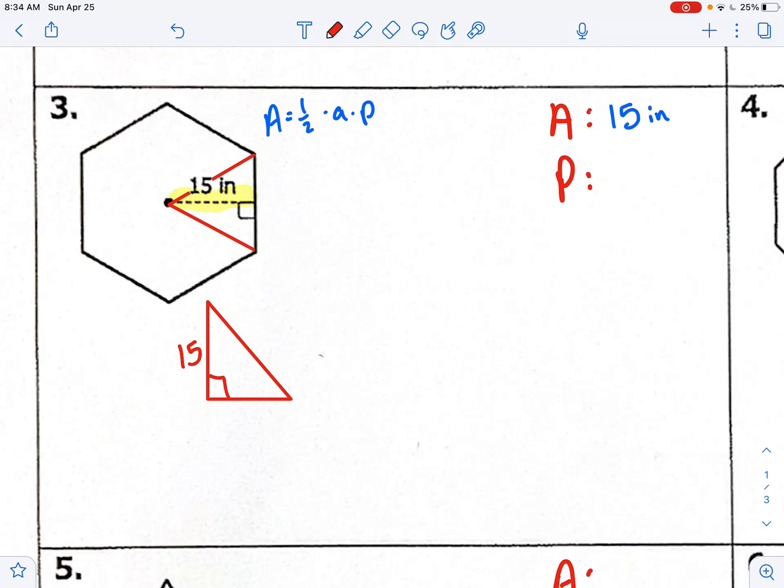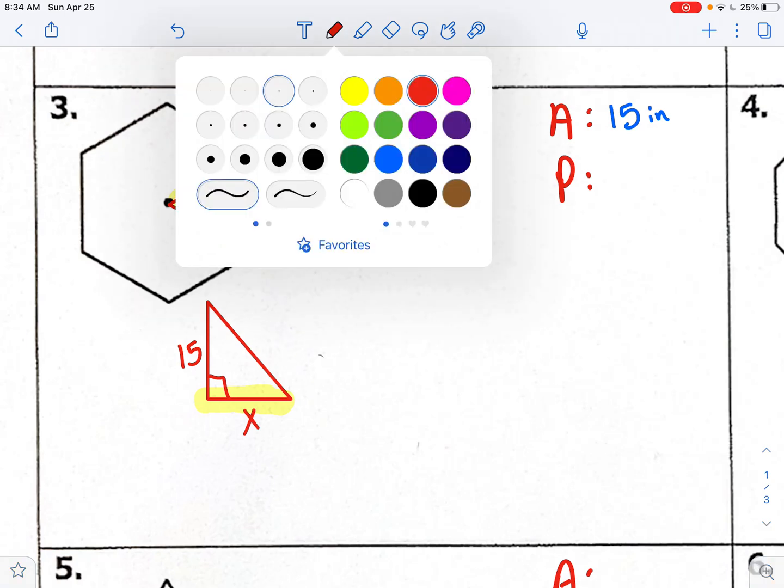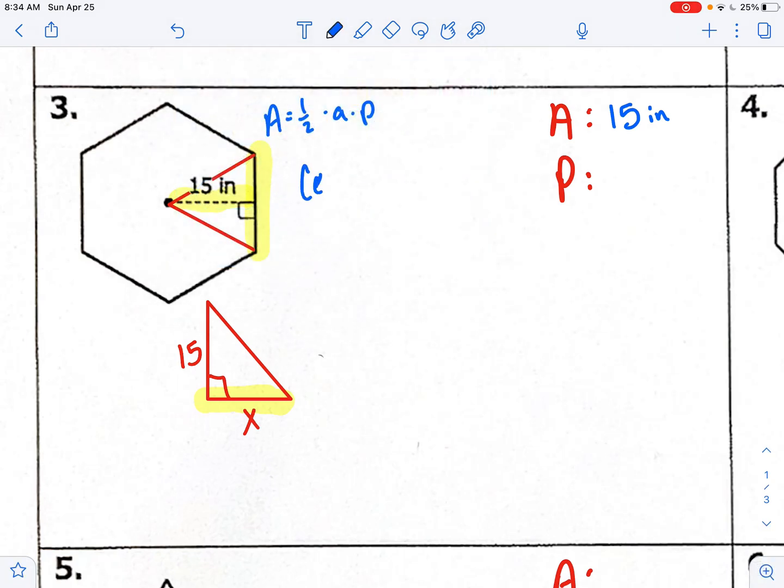So where's the perimeter on this triangle? Well, I need the side length. So I need this part right here, that side. So the first thing I need to do is find my central angle, because to use trigonometry, I need an angle measure.